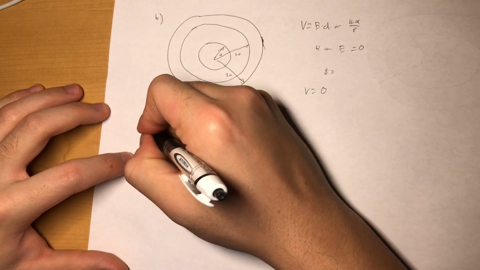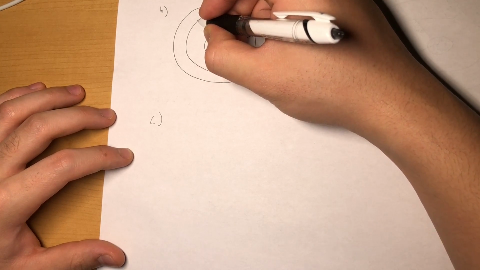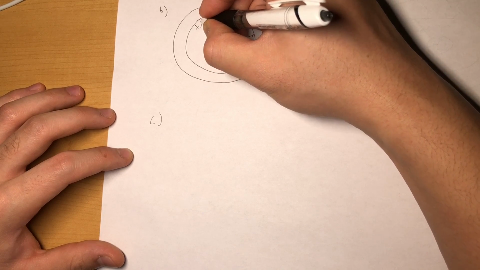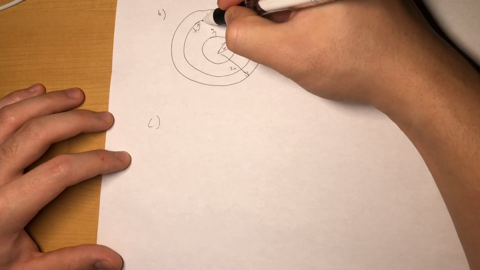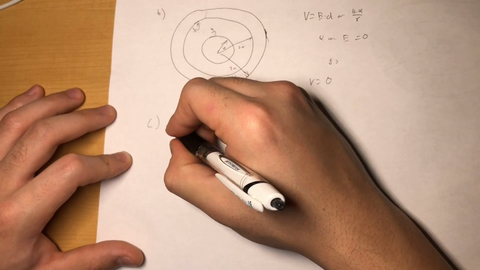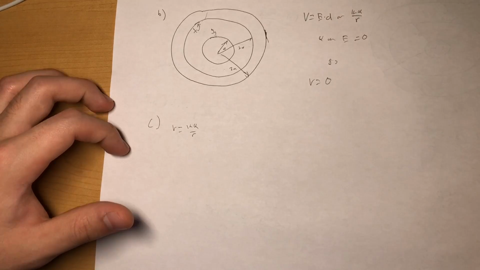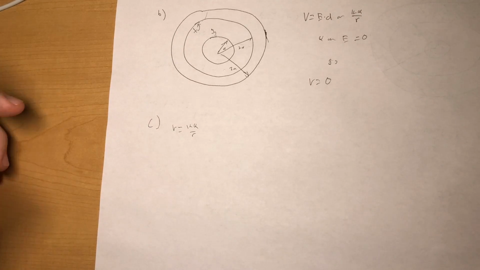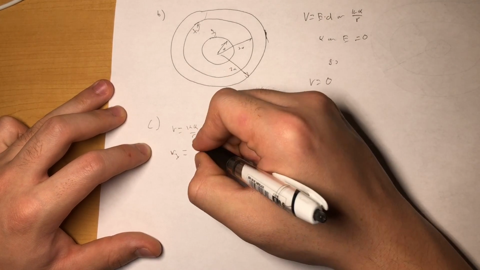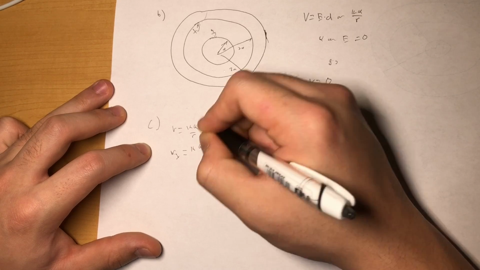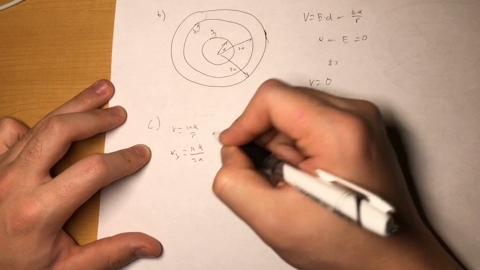Part C of this question is asking for the electric potential difference between the point labeled Vx, and x is right here, and y right here. So the potential difference between the radius at 2a and the radius at a. So electric potential is equal to kq over r for spherical shells, for spherical objects or point masses. In this case, Vx is equal to k times q, because it's only affected by stuff inside of it, over r, and r is 2a.